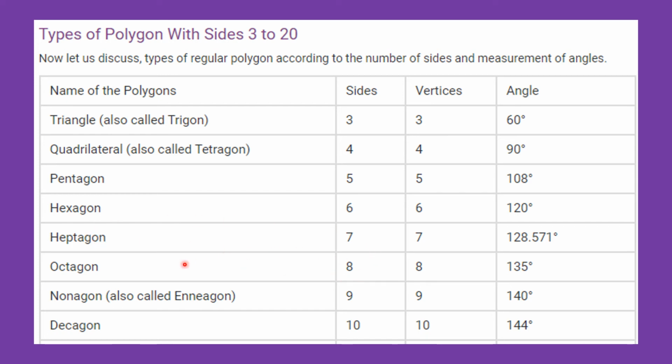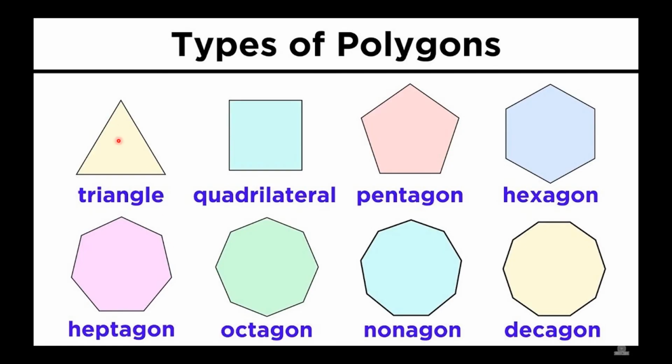For 8 sides, we have octagon. For 9 sides, we have nonagon, also called enneagon. And for 10 sides, we have decagon. This is a triangle, a quadrilateral, a pentagon, a hexagon, a heptagon, an octagon, nonagon or enneagon, and decagon.